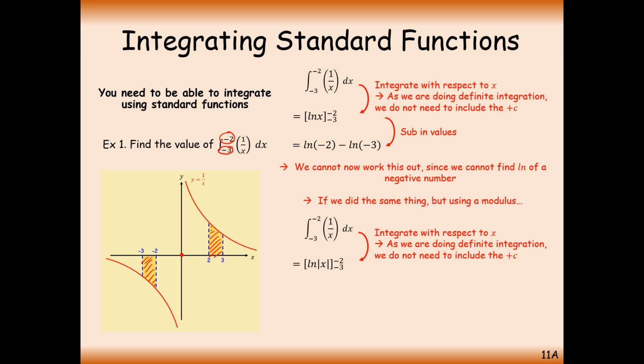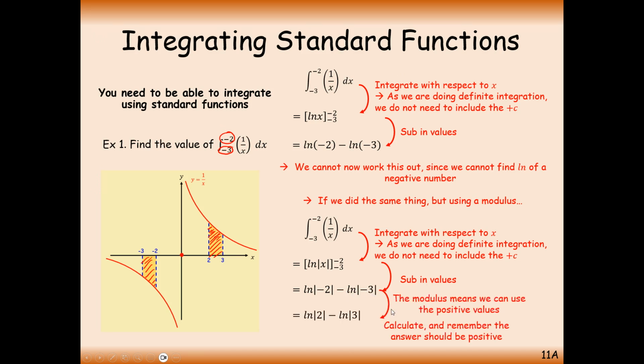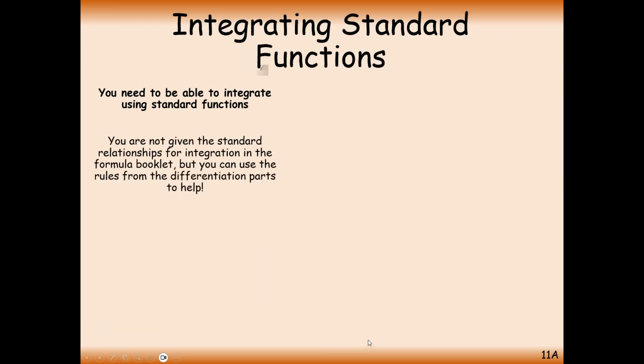Because of the symmetry of the graph of 1 over x, we can take the fact that these two areas are equal to each other and use logarithm of 3 and take away the logarithm of 2 from it. You do have to switch the 2 around here. So you do need to have logarithm of 3 subtracting logarithm of 2, because logarithm of 3 is larger than the logarithm of 2, or take the absolute sign of the final answer.